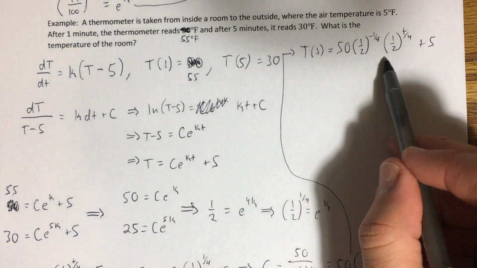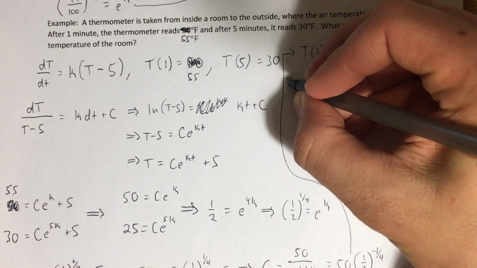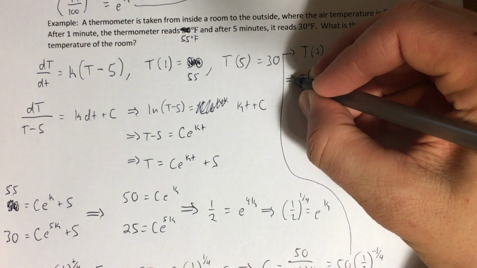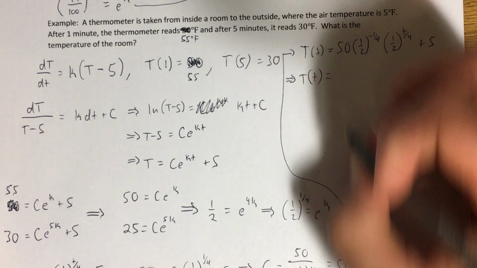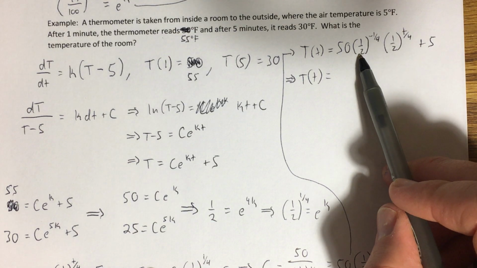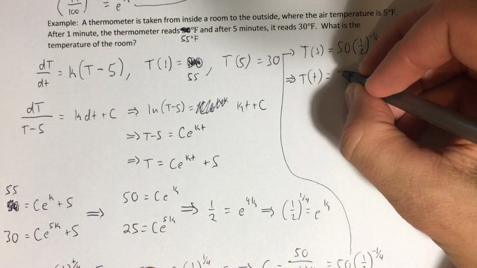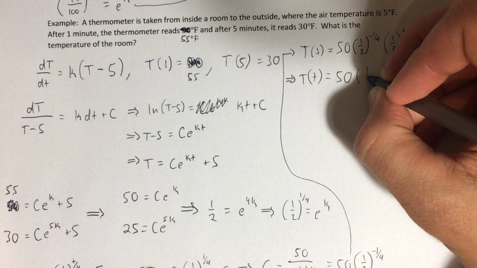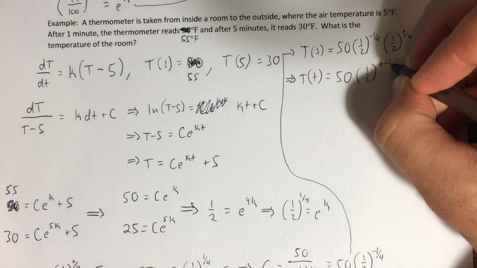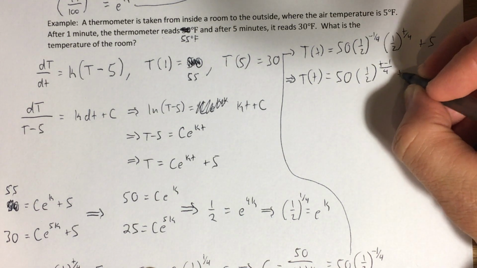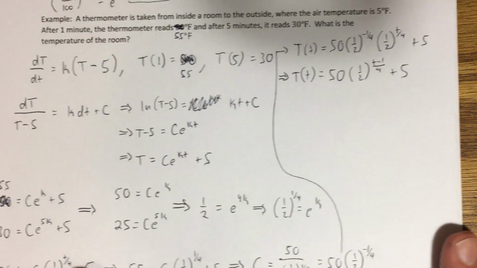There's some simplifying that I can do here. Notice these two exponentials have the same base, so I can add their exponents. I get this, 50 times 1/2 to the t minus 1 over 4 plus 5, okay?